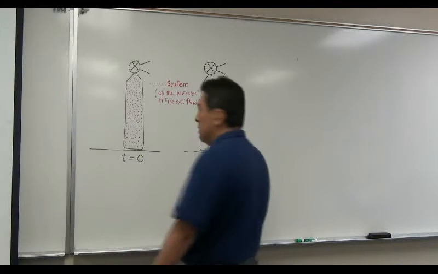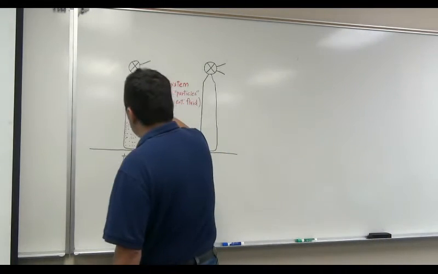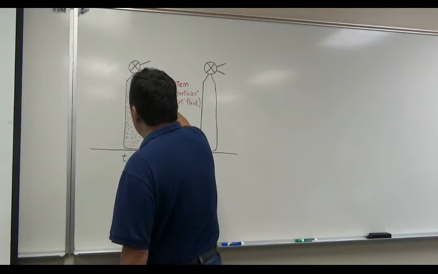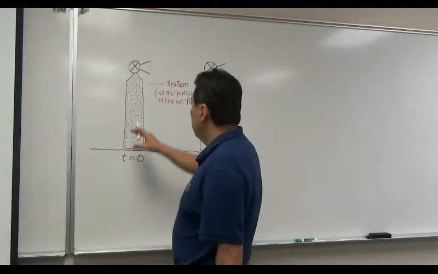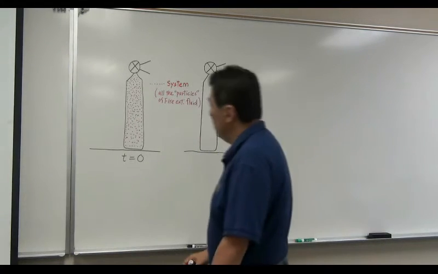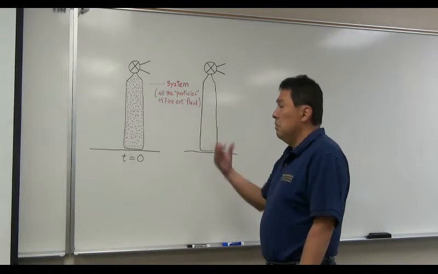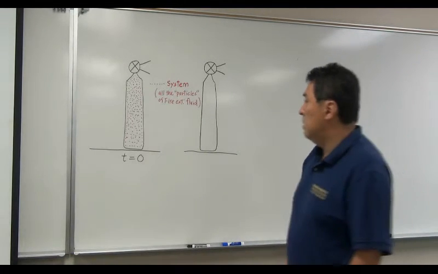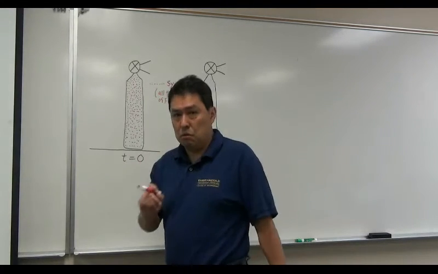I can't spell, obviously. Fire extinguisher fluid. So the particles are fairly tightly packed inside of this tank. If you pick up every single particle and add them together, it's going to be called the fire extinguisher fluid. It's a system. Okay?